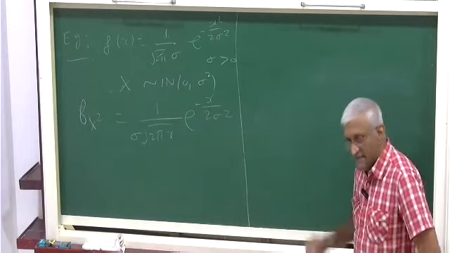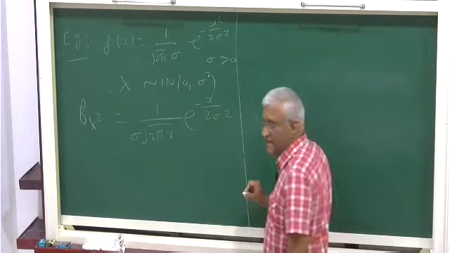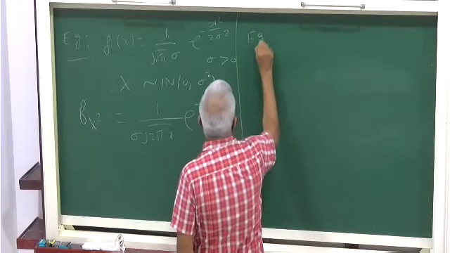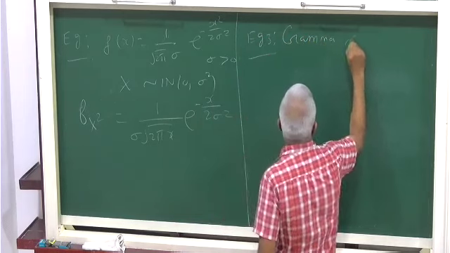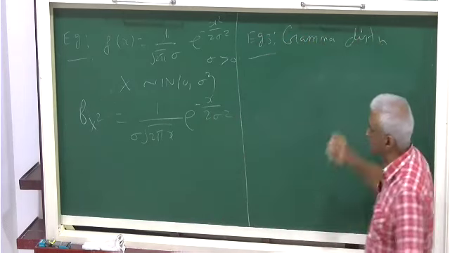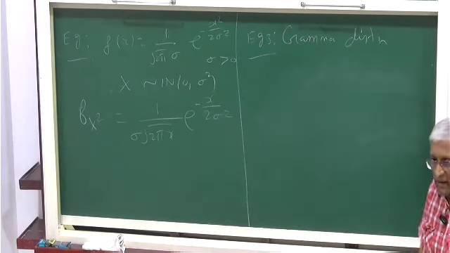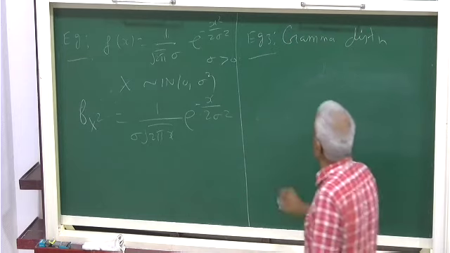So the generalization of this is what is called gamma distribution. For that, we want to consider the following function.